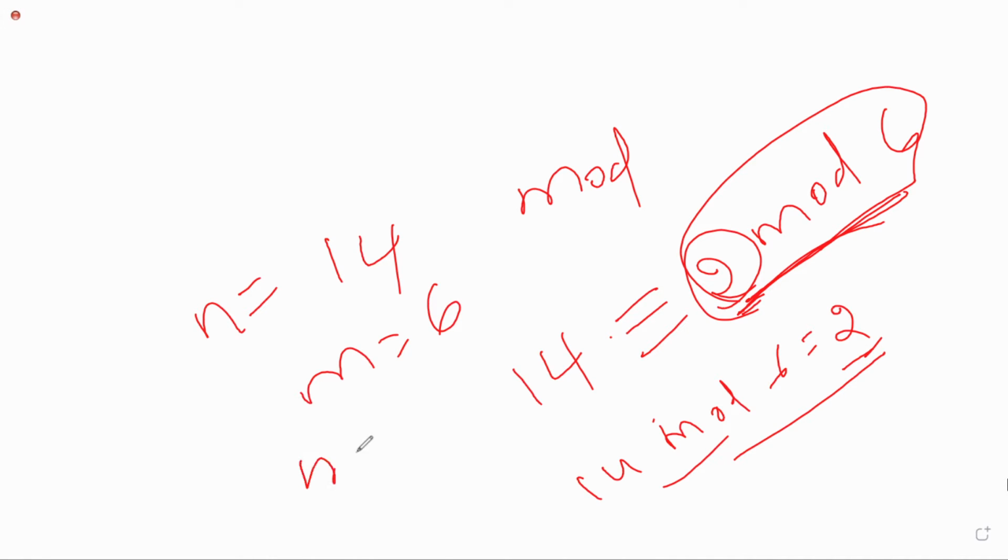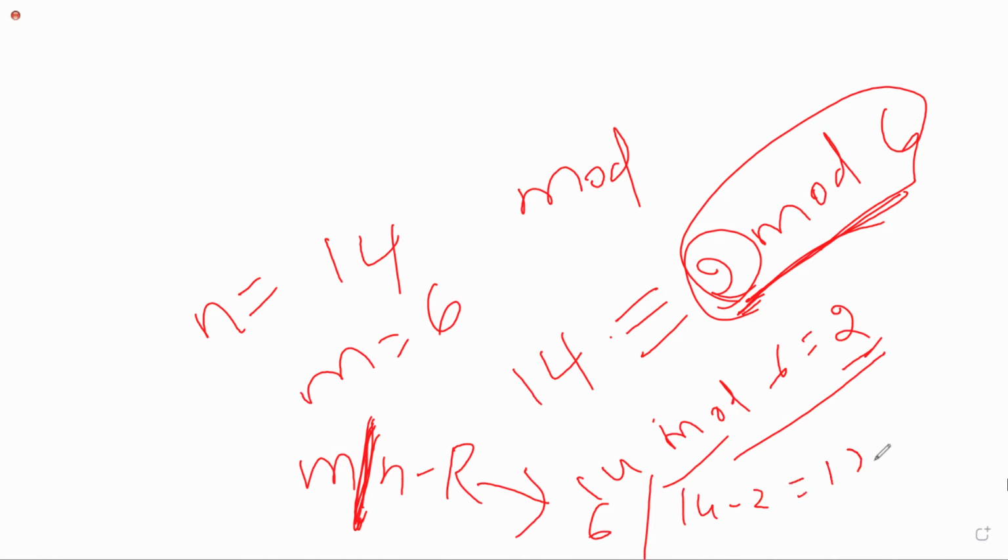So then m can divide n minus r. This symbol is the division; m is a factor. Here the m value is 6. So 6 is divisible by n minus r, that is 14 minus 2, which is 12. So 6 can divide 12, isn't it?